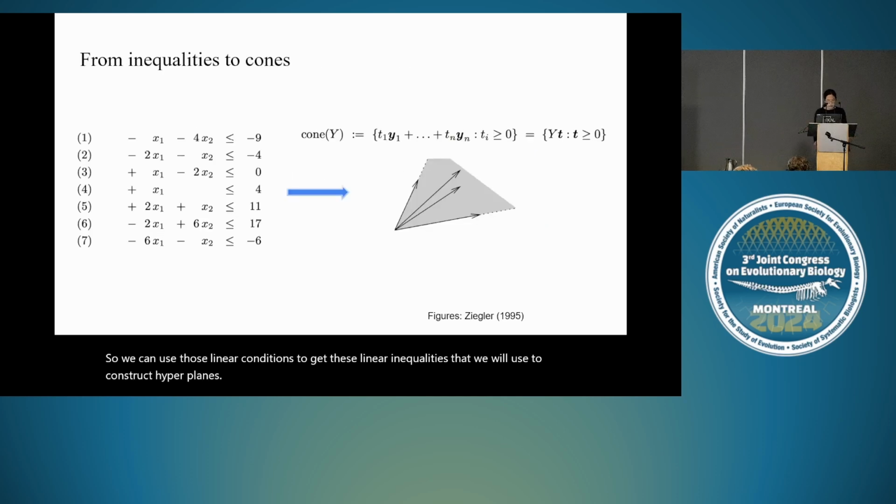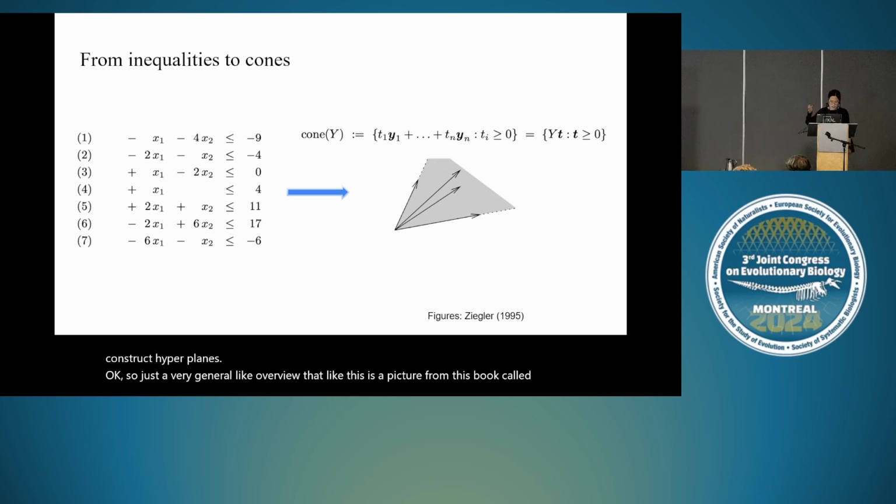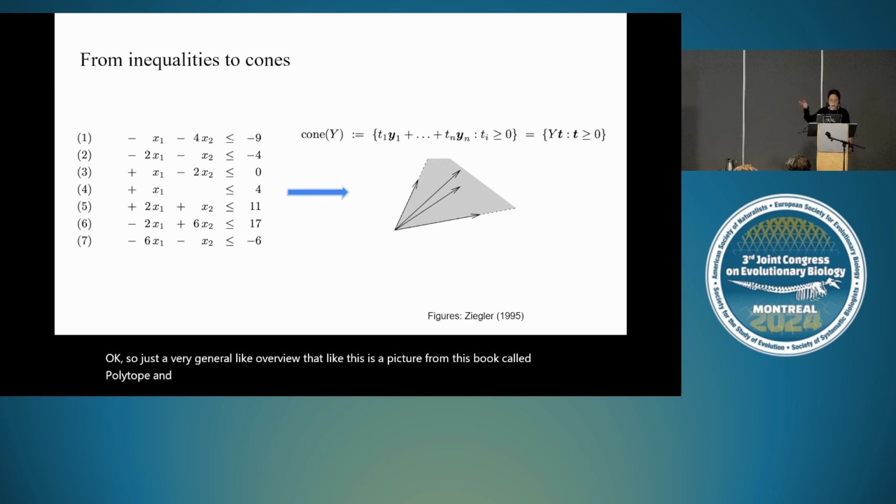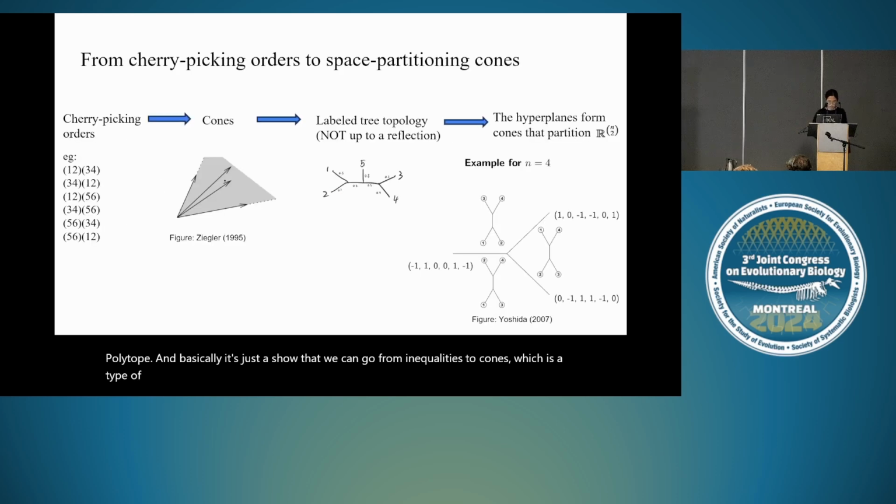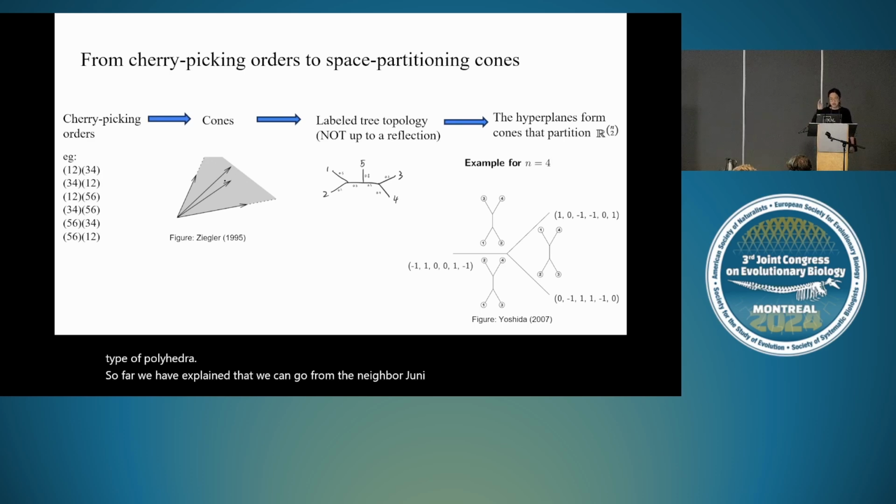Just a very general overview, this is a picture from this book called Polytopes, and basically it's just to show that we can go from inequalities to cones, which is a type of polyhedra. So far, we have explained that we can go from the neighbor joining algorithm to inequalities. And from inequalities, we can get hyperplanes.